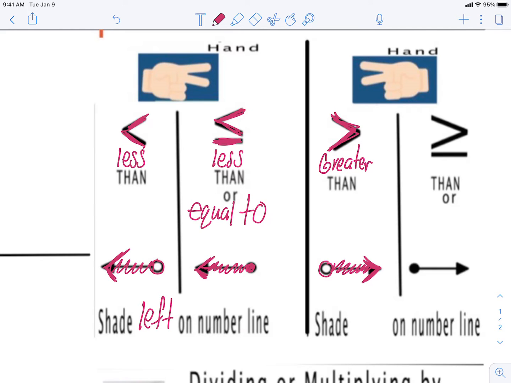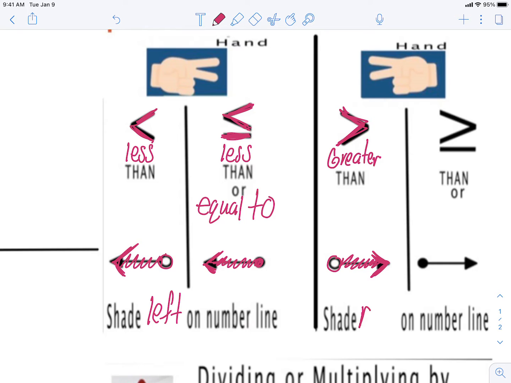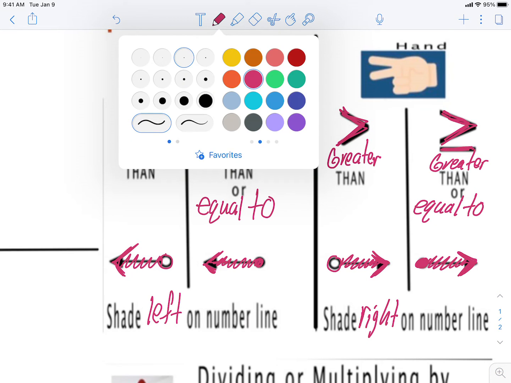This one means greater than or equal to. This one is a closed circle, and we still shade to the right. We use our right hand to shade to the right. Right hand means right.